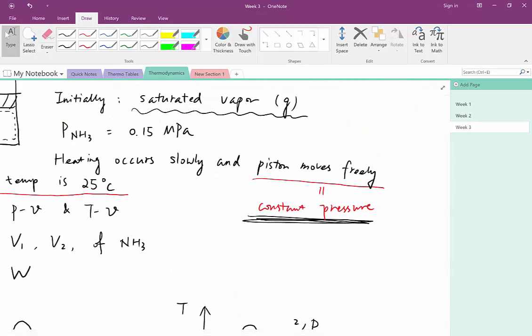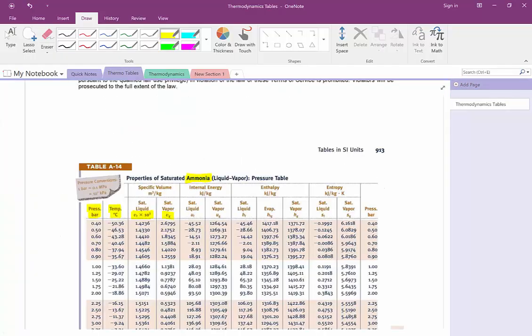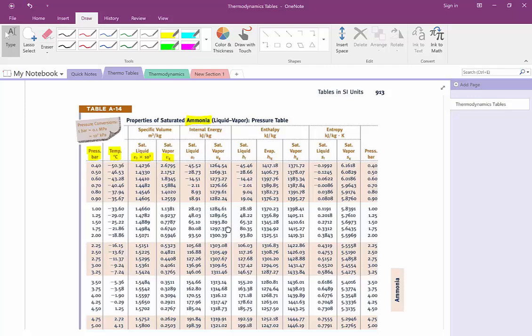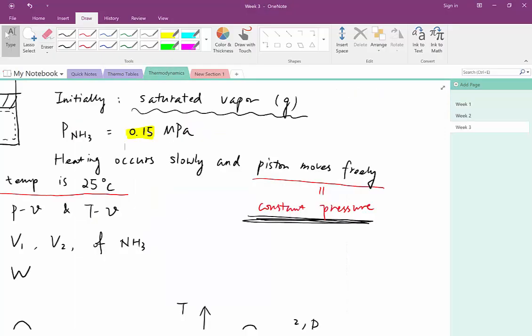It's a constant pressure process, and it is 0.15 megapascal. Now we go back to the table. We go to column 1. We look for this pressure. And what do you notice? Column number 1 uses bar, so we have to convert megapascal to bar first. Okay, so that's the first thing we're gonna do.